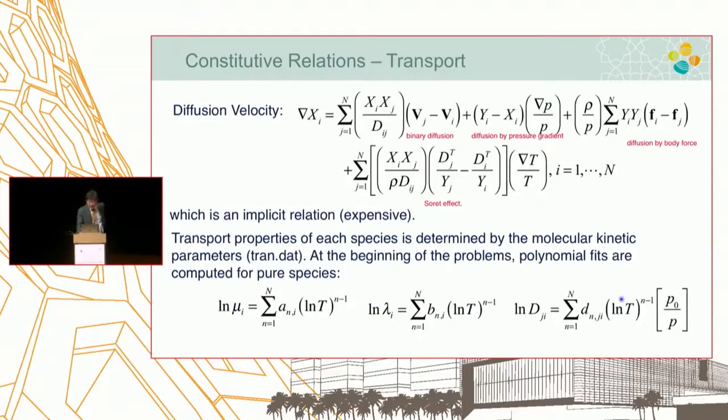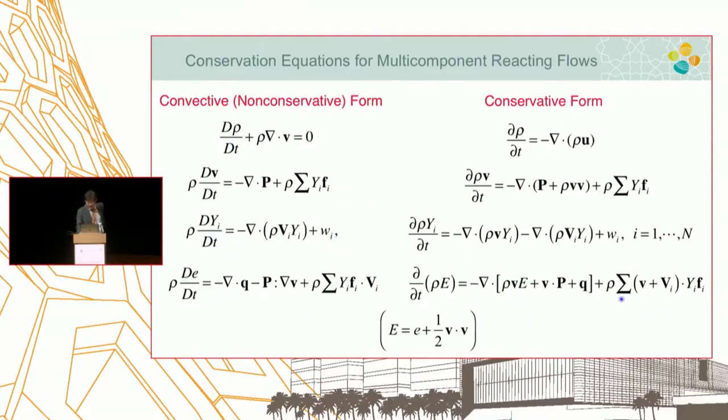Diffusion transport is another important thing, as you may see here. Unless you use a simplified fixed law of diffusion, the species equation has the diffusion velocity, which is defined by the velocity of the specific species with respect to the mean velocity. So the bulk mixture moves at one velocity, but different species move differently relative to the bulk velocity.